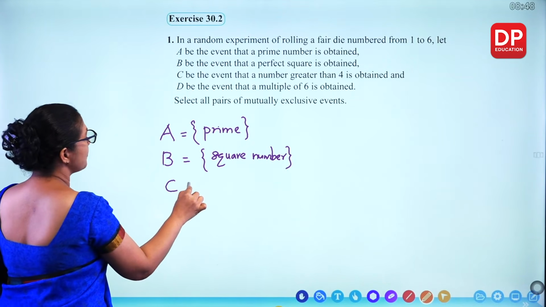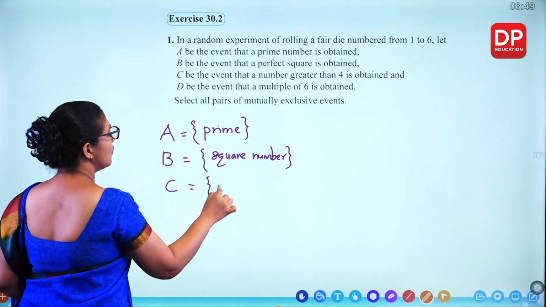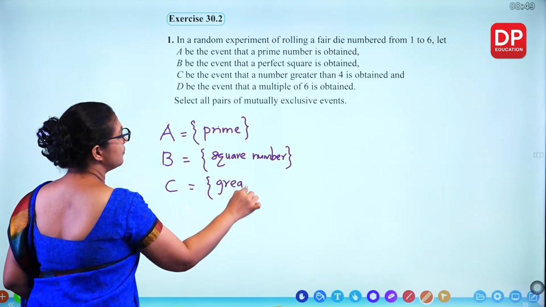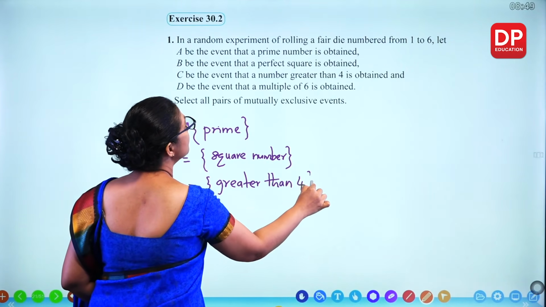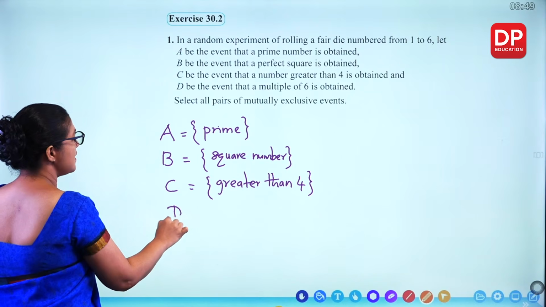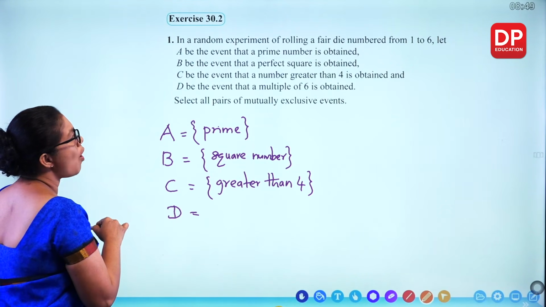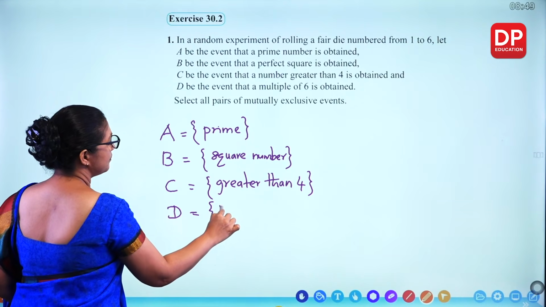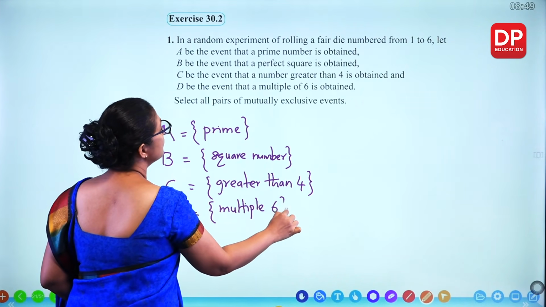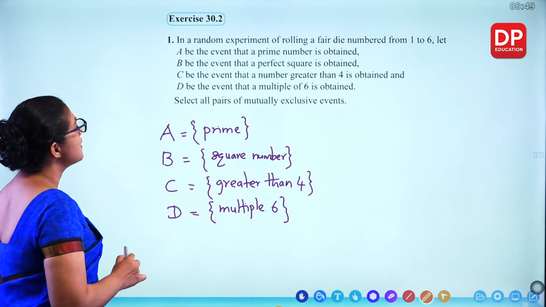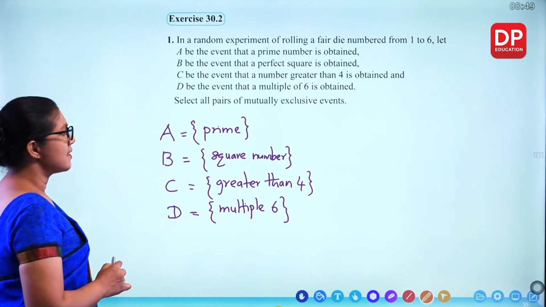What's C? C is the event that a number greater than 4 is obtained. And D is the event that a multiple of 6 is obtained. Select all pairs of mutually exclusive events.